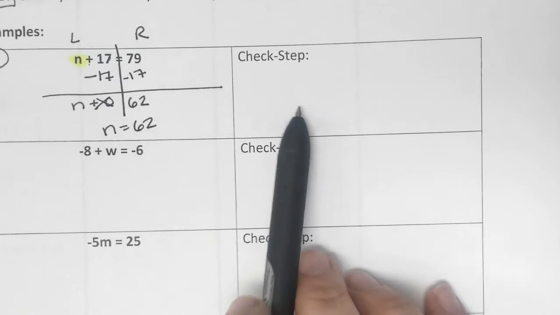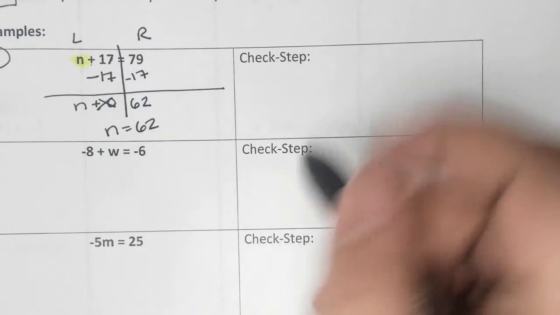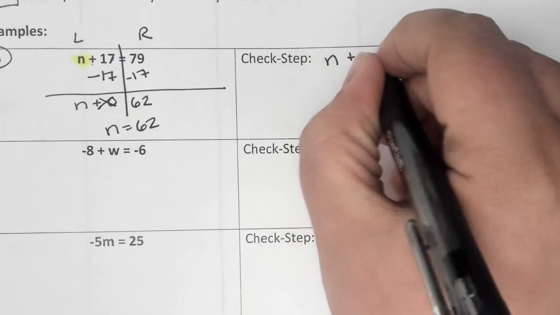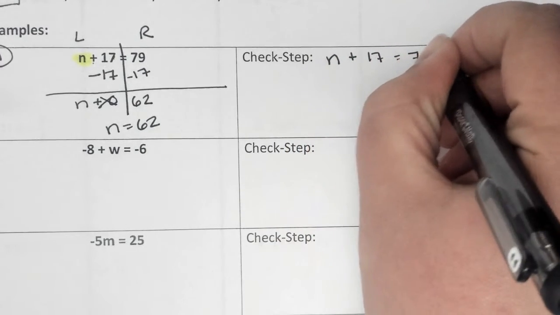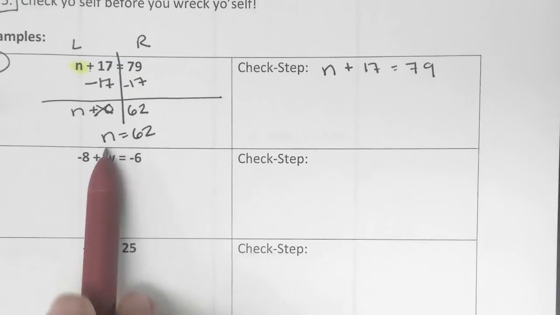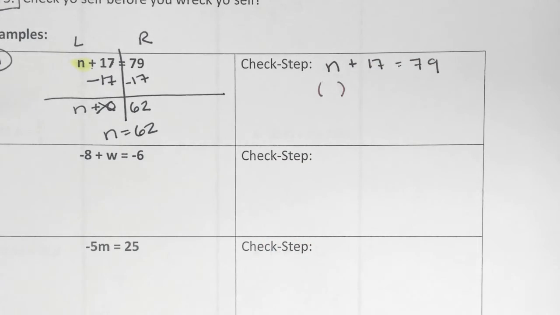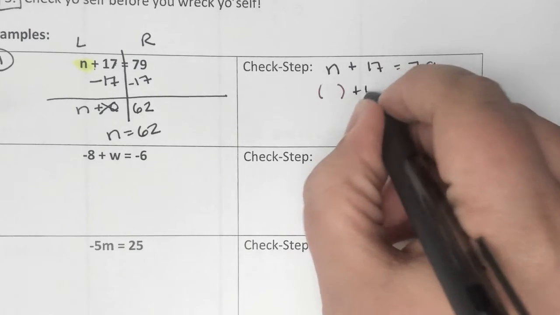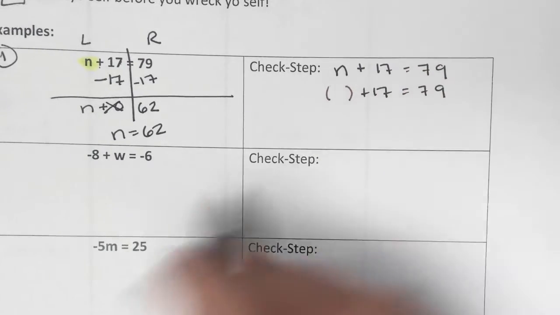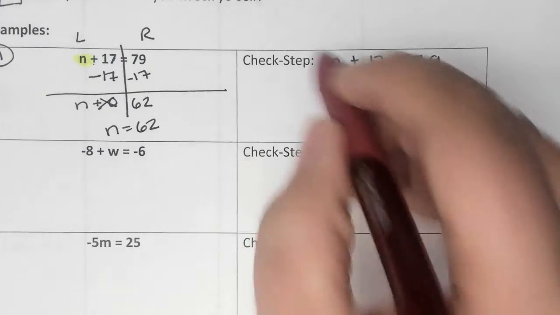In our check step, this is going to be where we use what we learned yesterday. We rewrite the equation, n plus 17 equals 79. Now I'm going to rewrite this again, but instead of using n, we have a value for n. We'll put a bubble in its place. And inside of that bubble, since I know that n is 62, we can put 62.